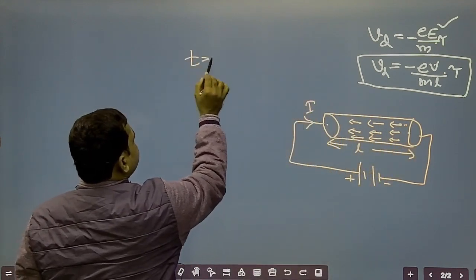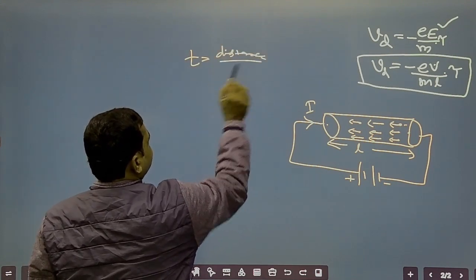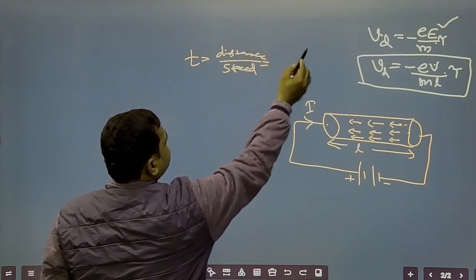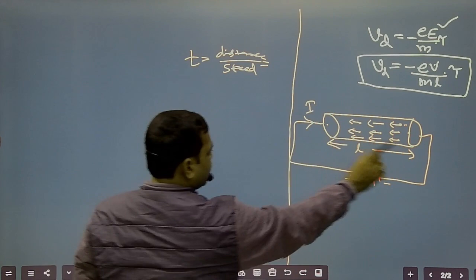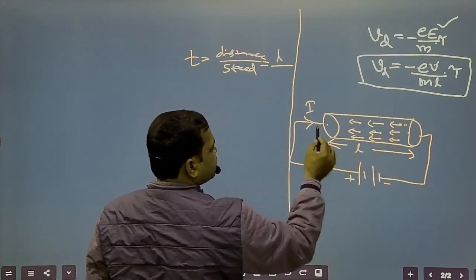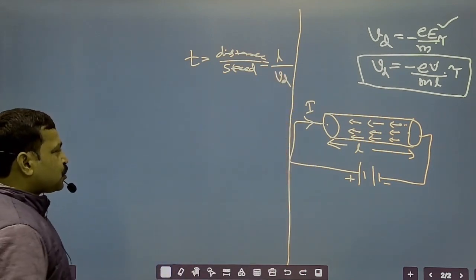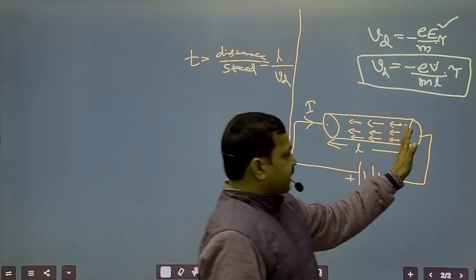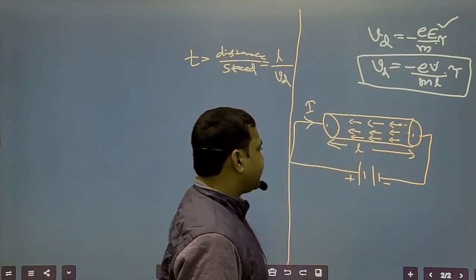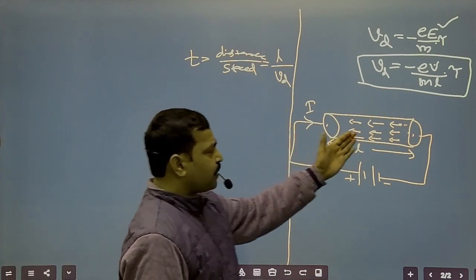Time is equal to distance by speed. So what is distance? Distance is L, the length of the conductor. And what will be the speed? The speed with which the electrons are moving, so that is your drift velocity, right? So the electron will take time t seconds to move from this end to this end with a velocity of Vd covering a distance of L, right?